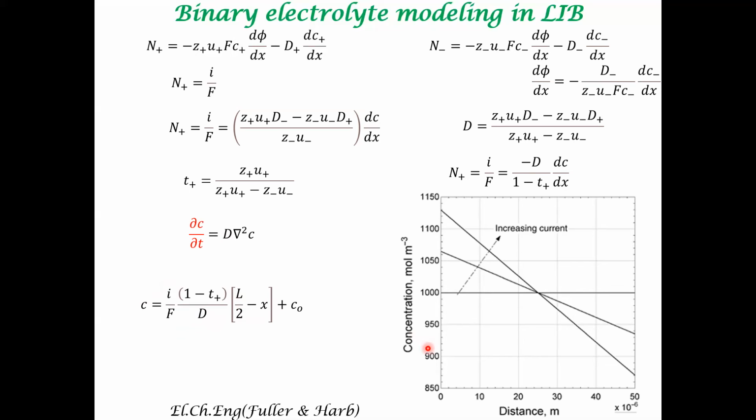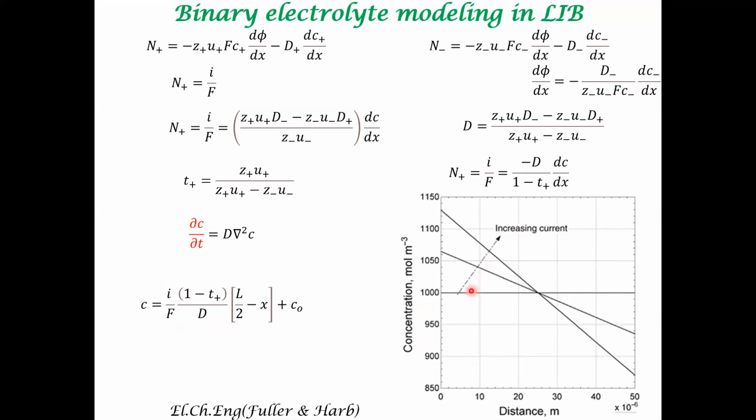So what are we plotting here? We are plotting the concentration of Li plus across the battery. Along the x-axis, you have the distance from the anode, and I'm plotting the concentration of Li plus for different currents.